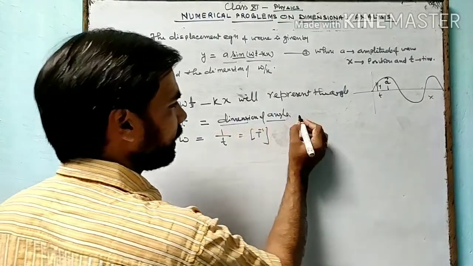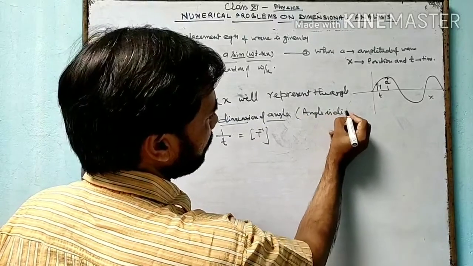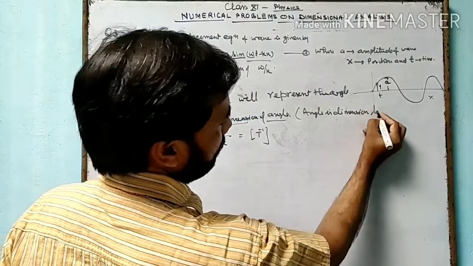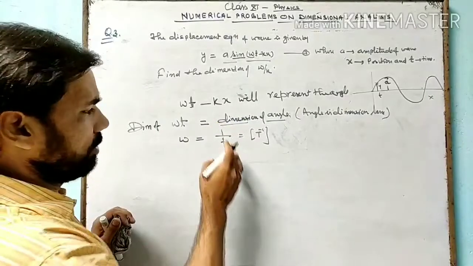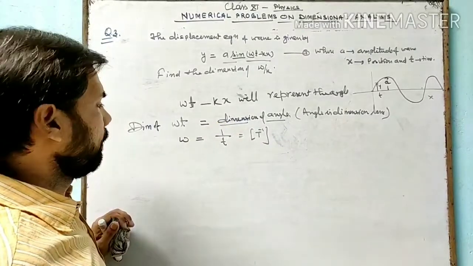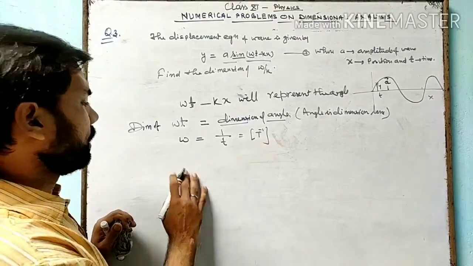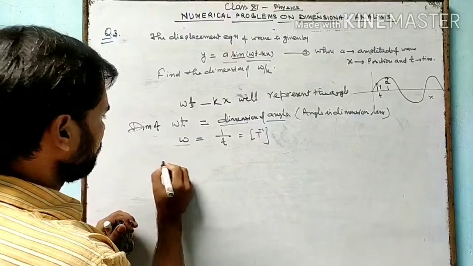The dimension of angle, as you know, is dimensionless. So its dimension is 1. We can write the dimension formula as 1; its dimension is 0, so take 1 to the power 0. So what is the dimension of omega? That is t minus 1.